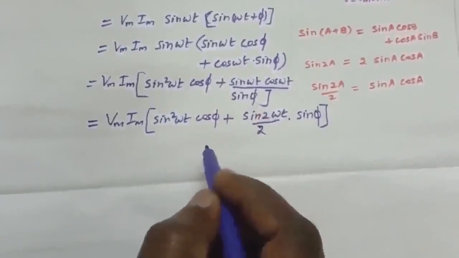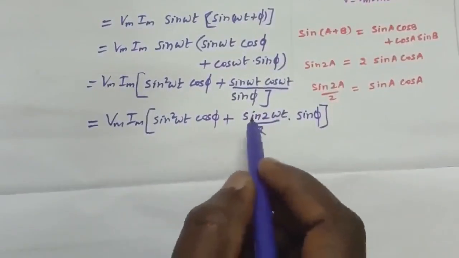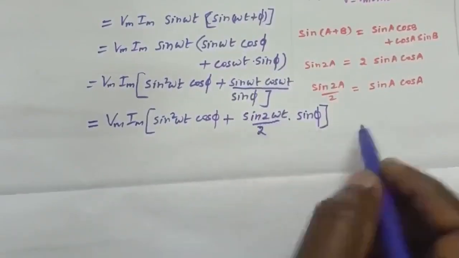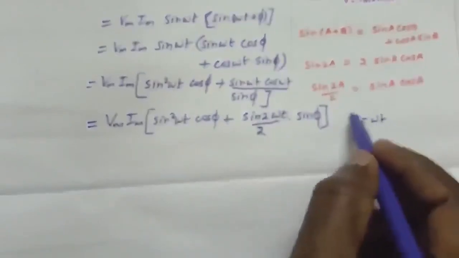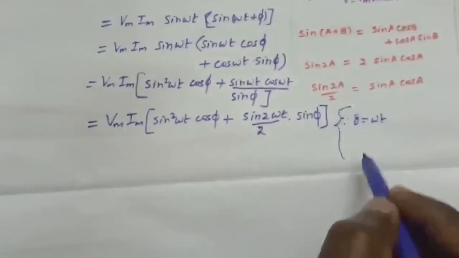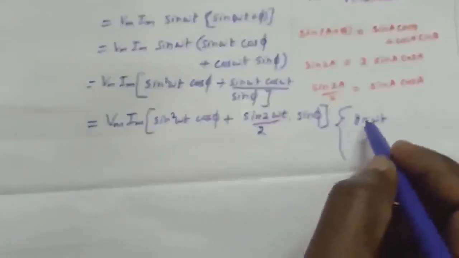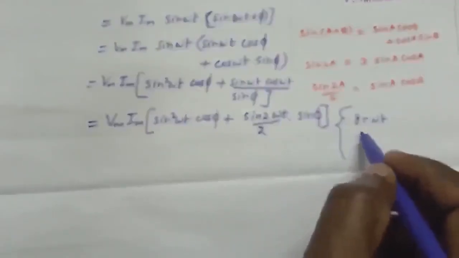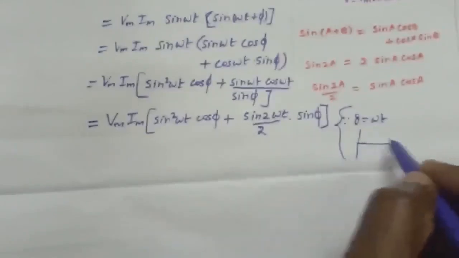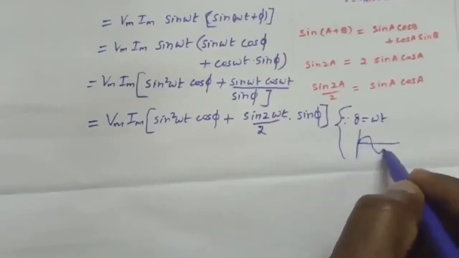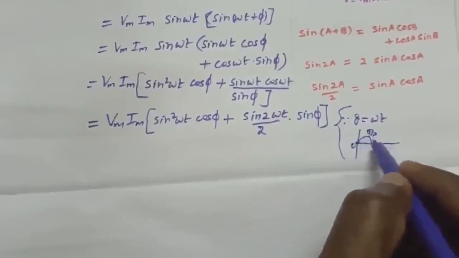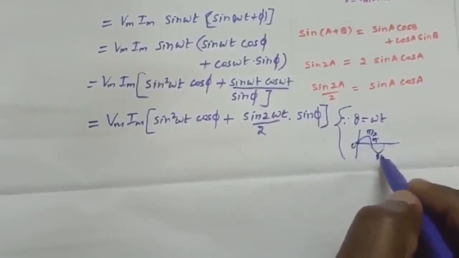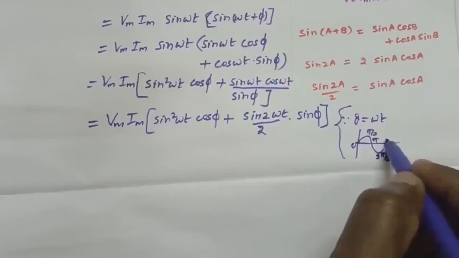Now see, omega t is nothing but theta. Theta is equal to omega t, already you know that. Are you clear? So you know the sine wave function: sine wave is 0, pi by 2, pi, 3 pi by 2, and 2 pi.